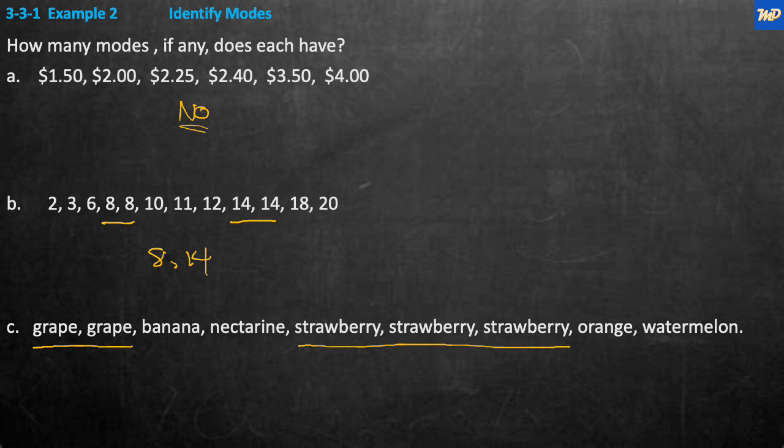Well, there are 2 grapes, but there are 3 strawberries. So the strawberries win because they are the most. You can have multiples of other items, but if it's not as many in the multiple as one, it lives. So strawberry is the winner.